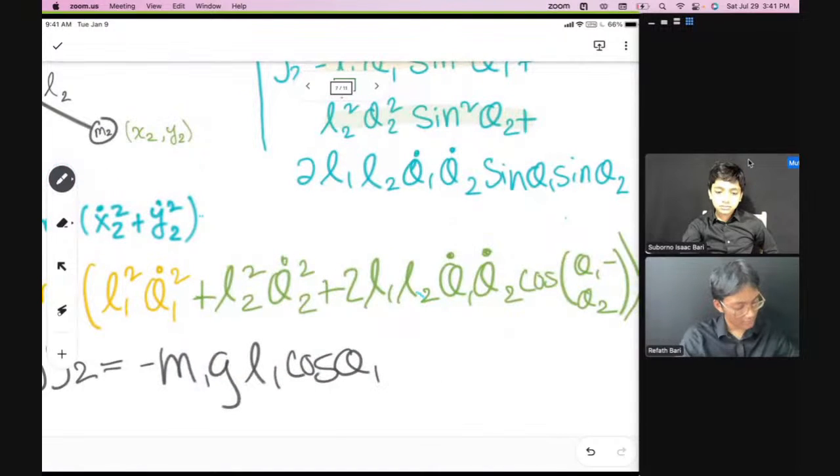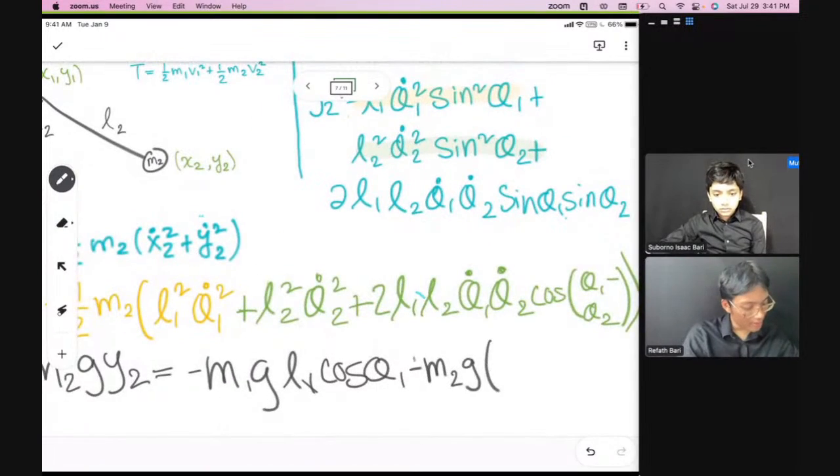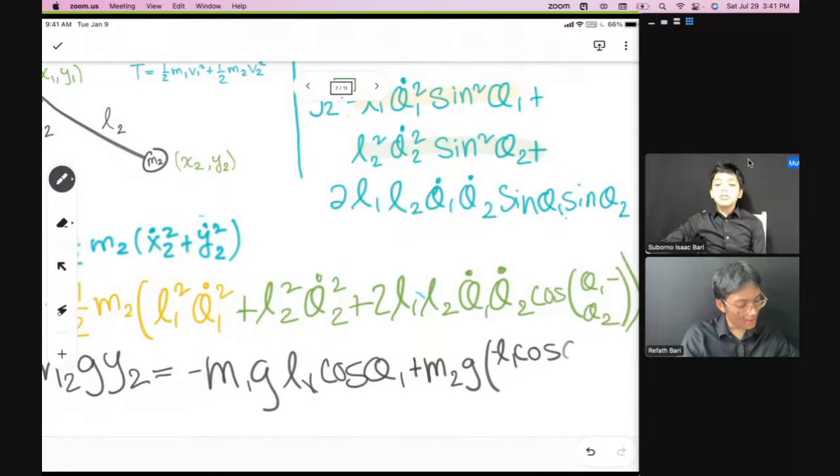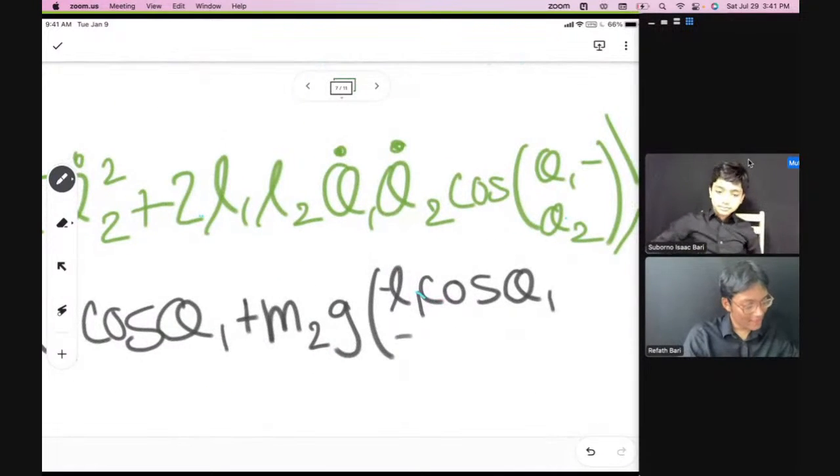Minus m2 g L1 cosine theta 1, and then minus L2 cosine theta 2. Exactly. Isn't this trivial?